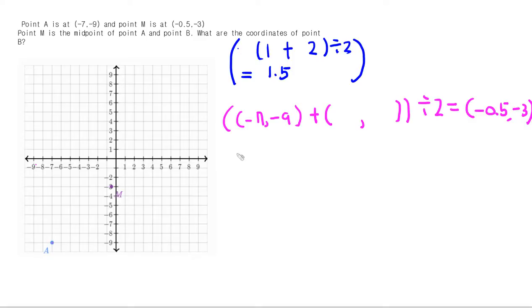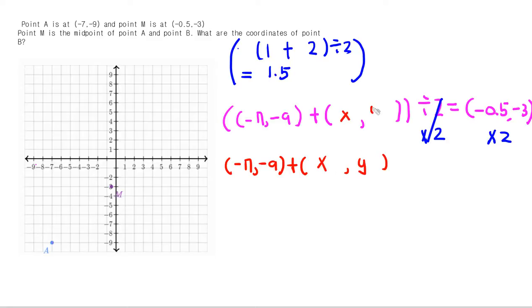So on the left, only (-7, -9) plus something remains. I'll call that something the x and y value. That should be equal to negative 0.5 times 2, which is -1, comma, -3 times 2, which is -6.